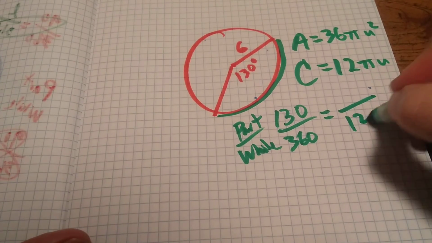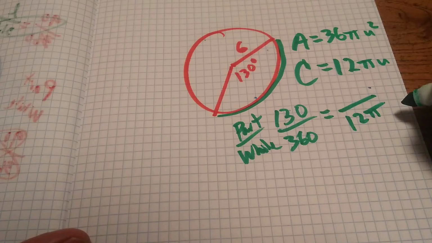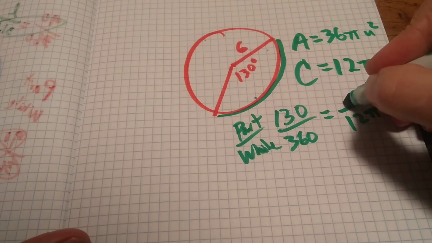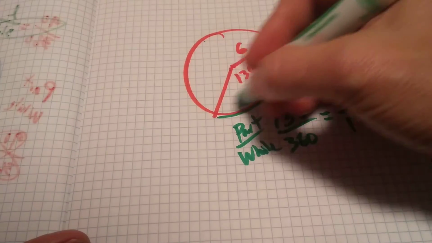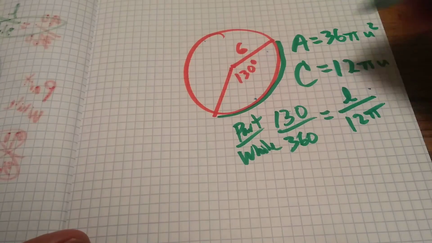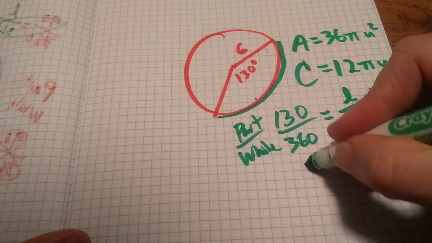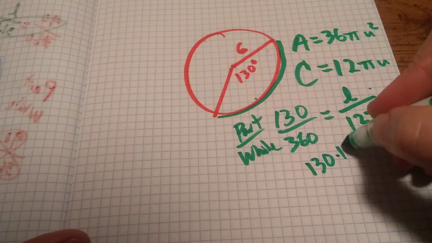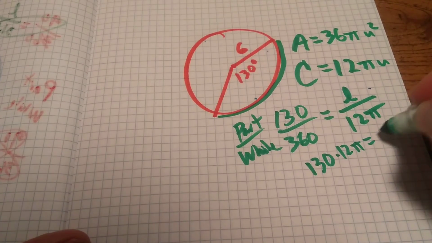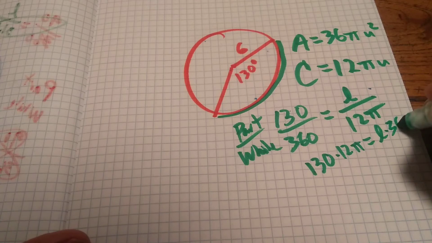And my whole circumference is 12 pi. I'm going to call this L because it's the length of that string that I wrap around that part of the circle. Then I'm going to cross multiply. 130 times 12 pi equals L times 360.